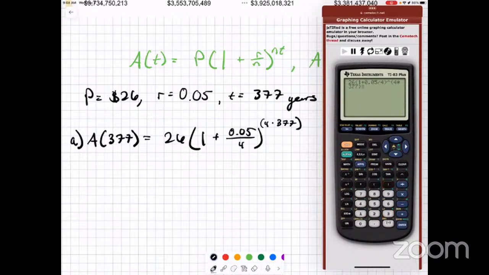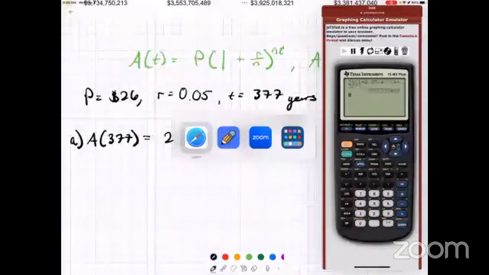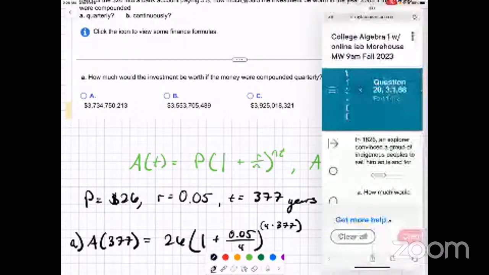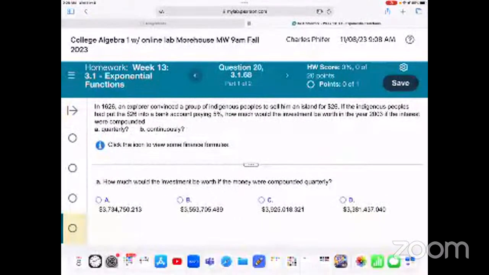That looks good. All right, we're getting this ridiculous number. Let me see if I can find it. It looks like it's B. Yeah, it's B. Let's go with B. Well, that was an adventure.